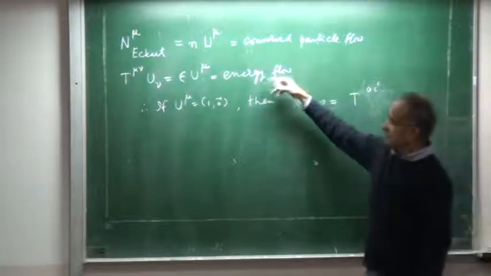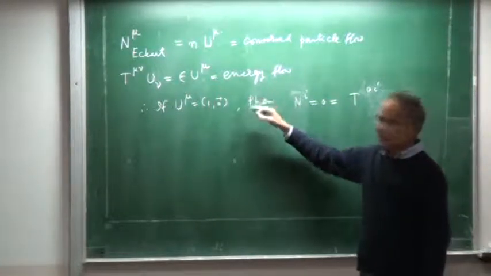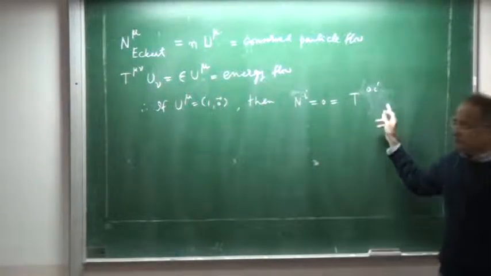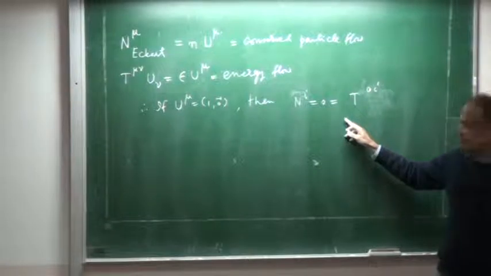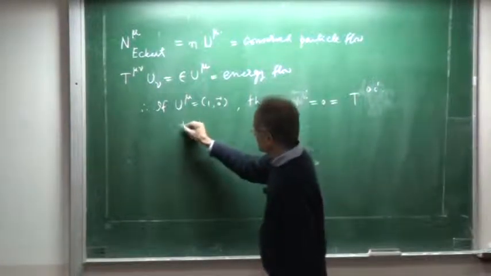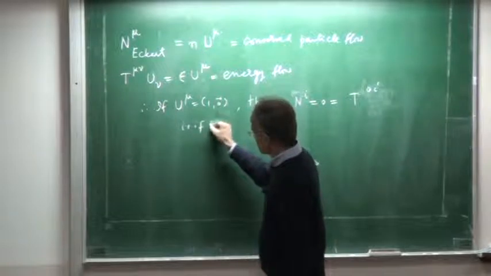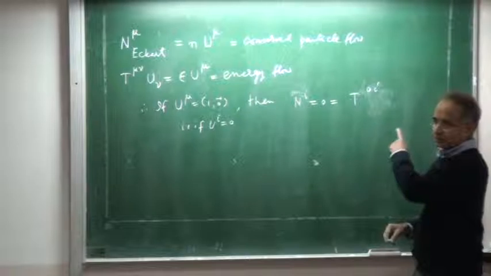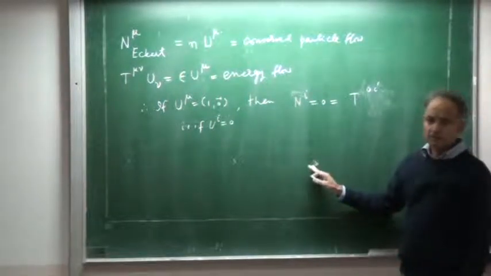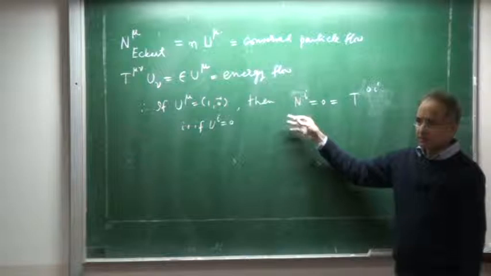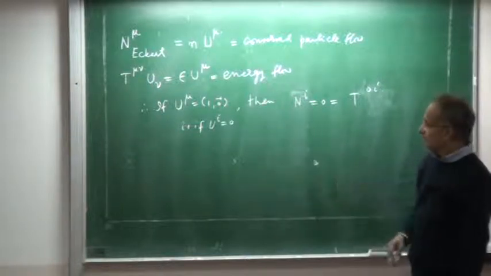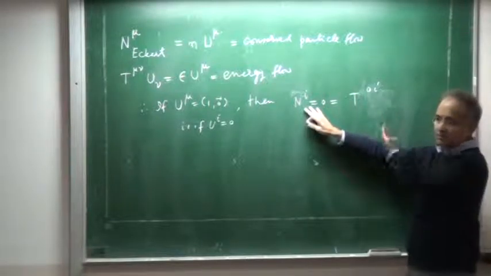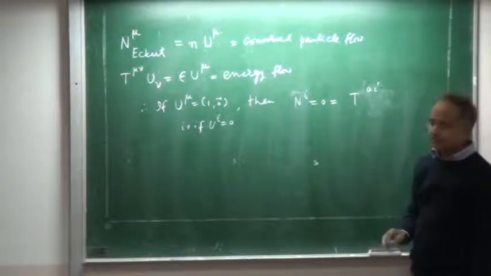So whichever definition of u^μ you use, if the space part of u^μ is 0, the space part of these two also becomes 0. That is, if u^i is 0, then these two are also 0. So there is no ambiguity here about the definition, or choosing your local rest frame. If you choose the frame in which N^i is 0, then automatically the energy flow is also 0, or vice versa.